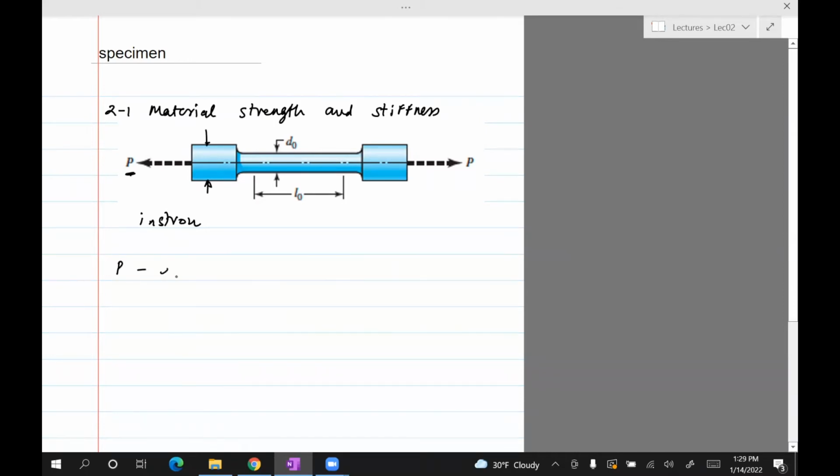So P is the external load on the machine. This specimen is specifically machined to be of the shape and size as shown. So L0 is the gauge length. D0 is the diameter.